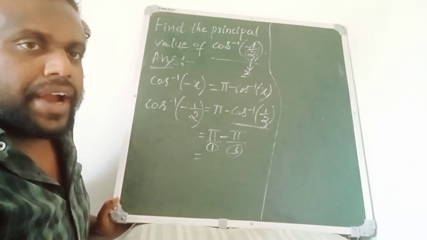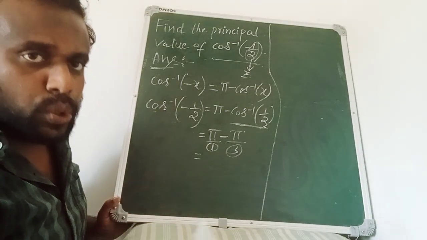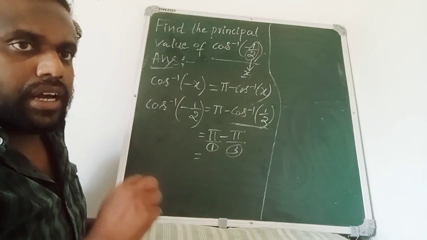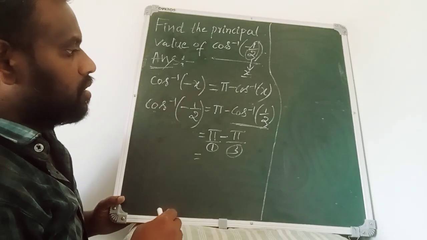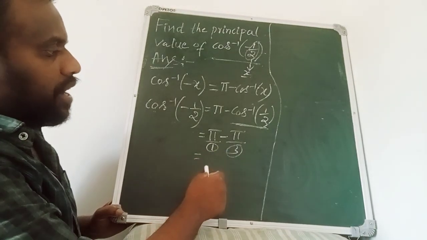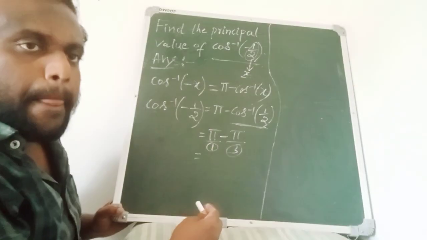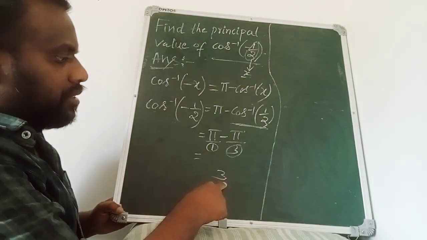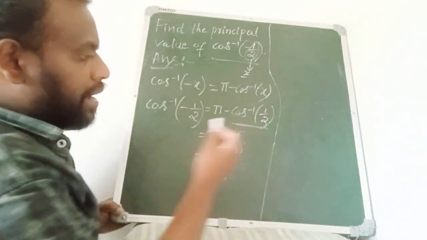If you want to know how to find LCM, I have already made a video; it comes on the top of the screen, you can check that. So I will write LCM of 1 and 3 is 3. I will write 3 here and put a line like this.